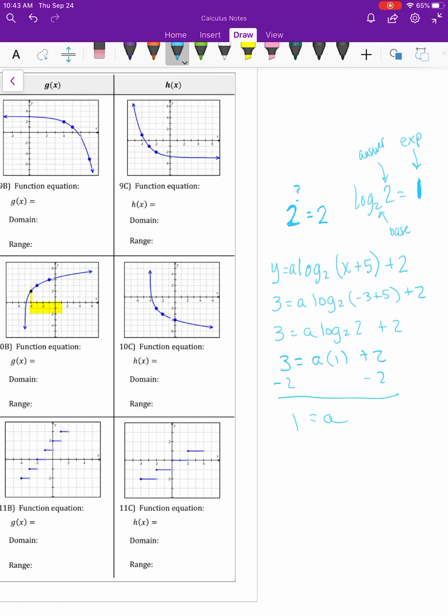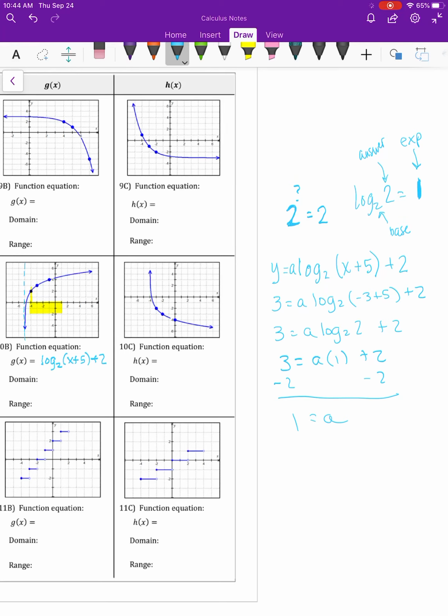So that gives me a function of log base 2 of x plus 5, plus 2. And then your domain. Logarithms always have a vertical asymptote, so you can see the vertical asymptote right here.